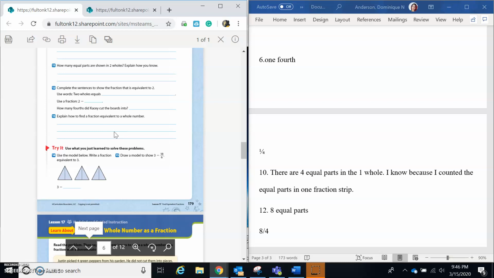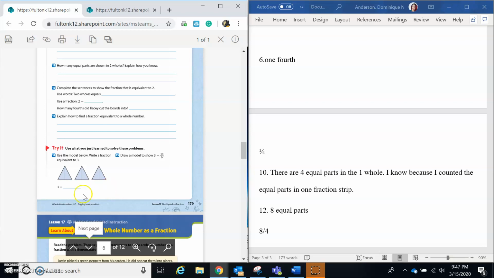14. Use the model below to write a fraction equivalent to 3. So if we look, let's just look at our first triangle. How many equal parts do we have? 2. So my denominator would be 2. My numerator, for looking at one part, would be 1. So we're looking at the fraction 1/2, so we're going to count by halves.